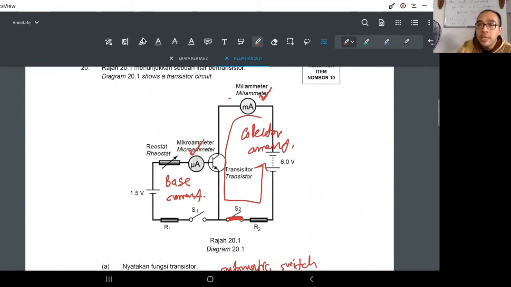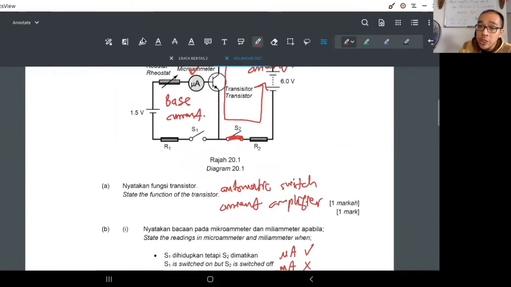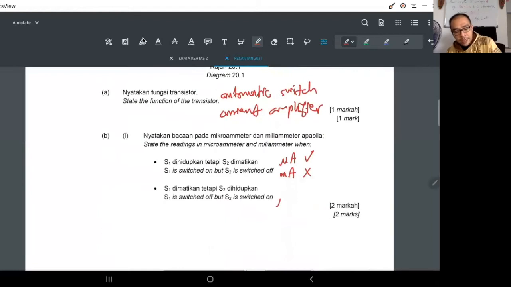No base current means no collector current. That's why it's called an automatic switch. It is automatic: if there is a base current, then your collector current exists. So microammeter and milliammeter, both have no reading.